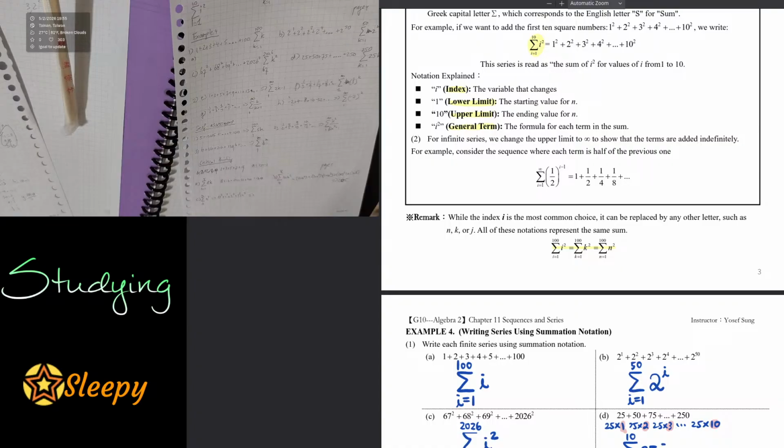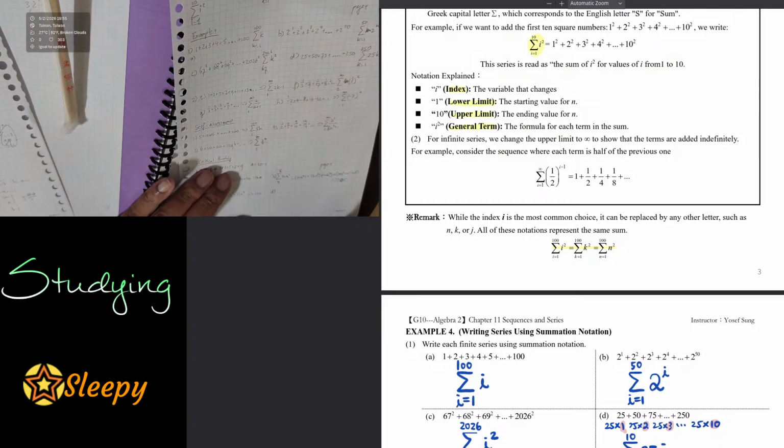And then sigma, it's 7, k is 3, k squared minus 1.